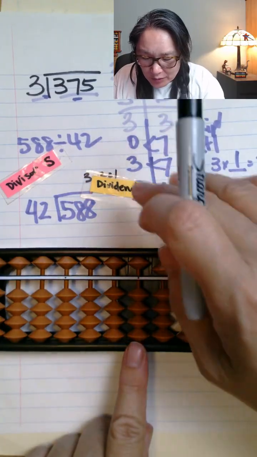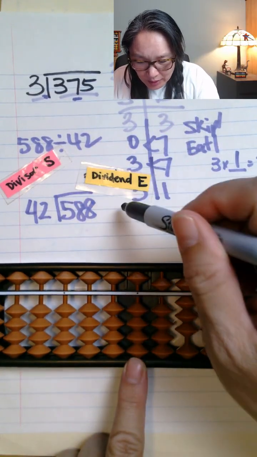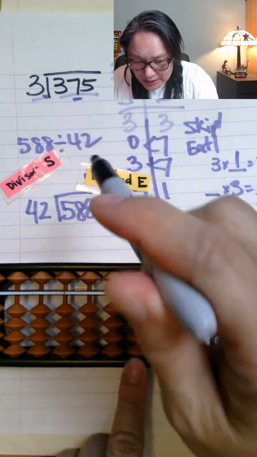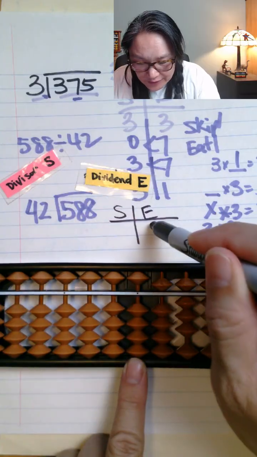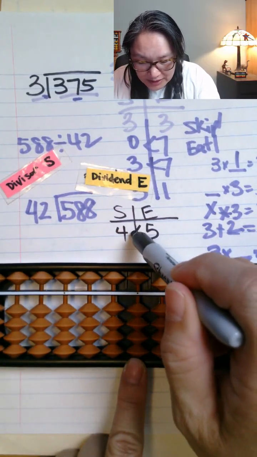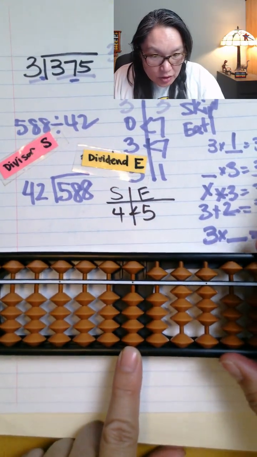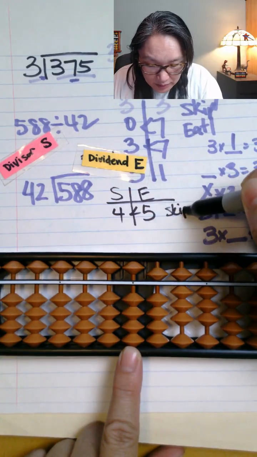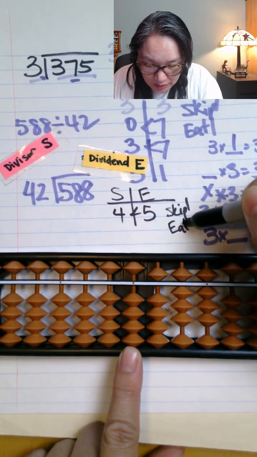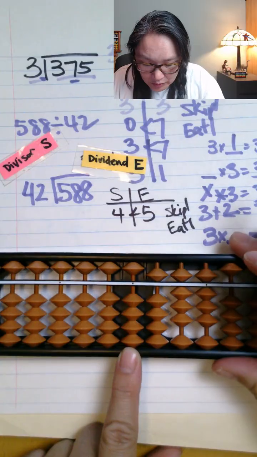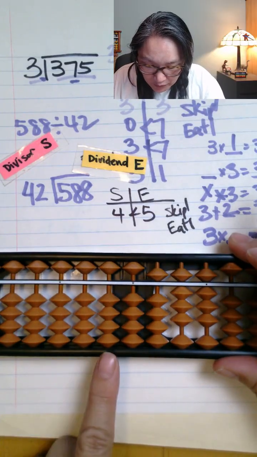So the first thing we do again is still compare. Who is bigger, our dividend or our divisor? Our dividend is 5, our divisor is 4. So our dividend is bigger, so we still need to skip 1, eat 1. This is still the same concept, nothing has changed. So we skip this column. I'm going to put my finger over here.